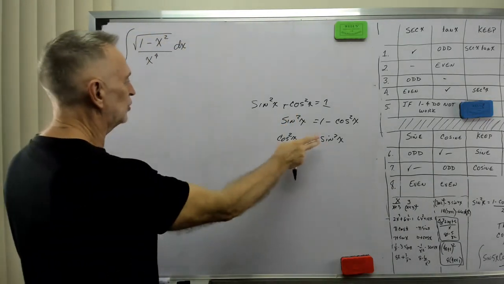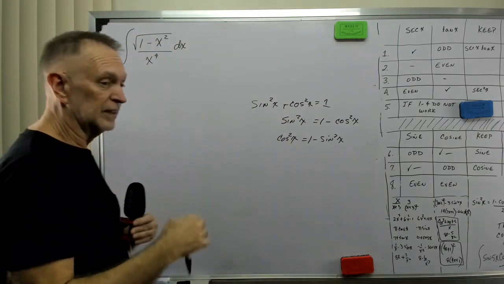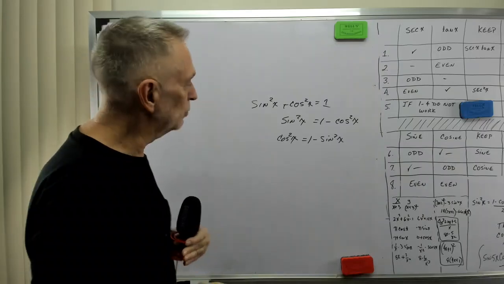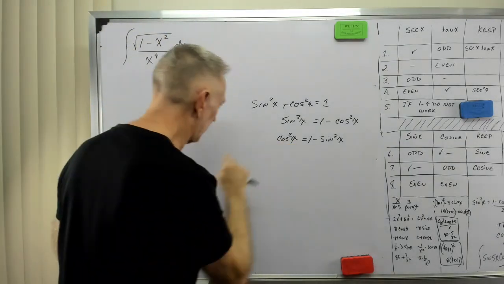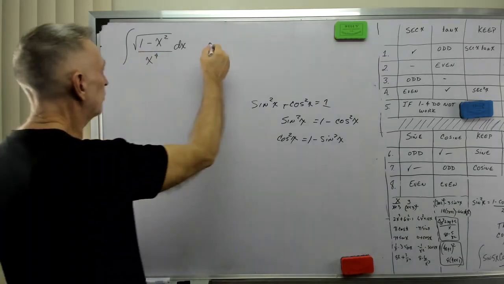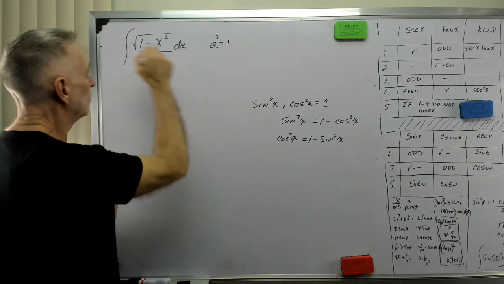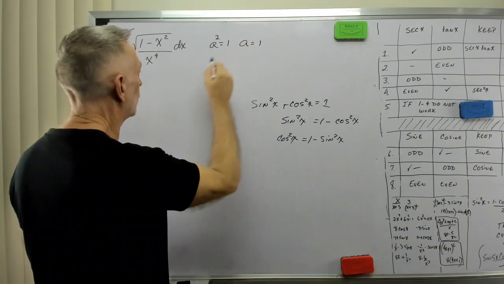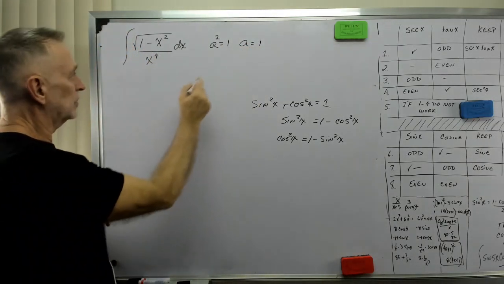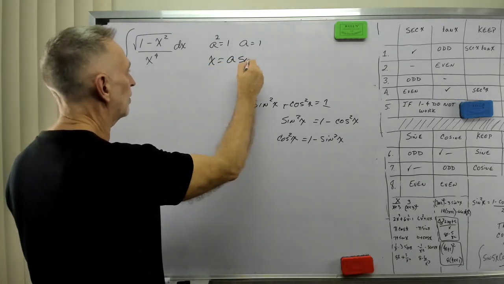And then once I change this, then I ultimately can take the square root of that and do something with it. So let's think about that. We know the form, we have a squared equals 1, or a equals 1. So x then would equal a sine theta.